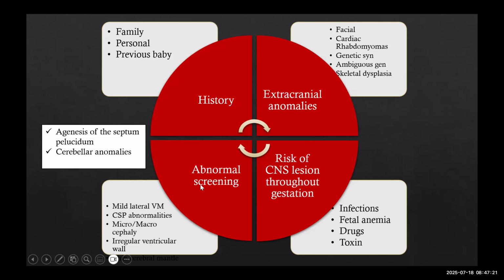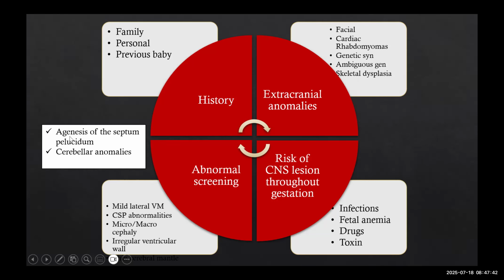Moving to abnormal screening. This is one common thing, where our screening views show some abnormality, prompting us to do a detailed neurosonogram. That includes mild lateral ventriculomegaly, CSP abnormalities, micro or macrocephaly by biometry, and irregular ventricular wall.